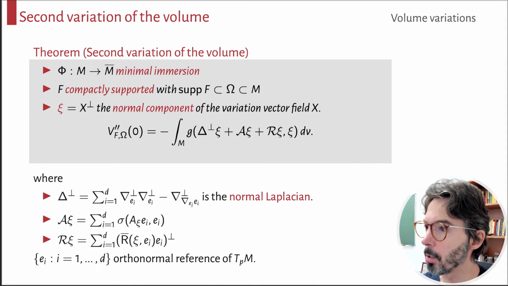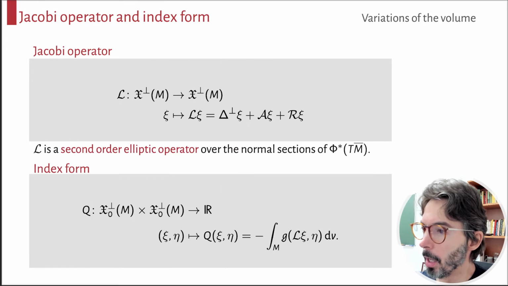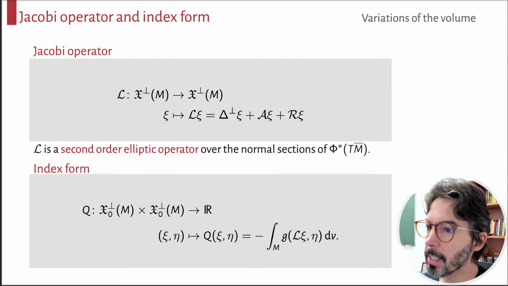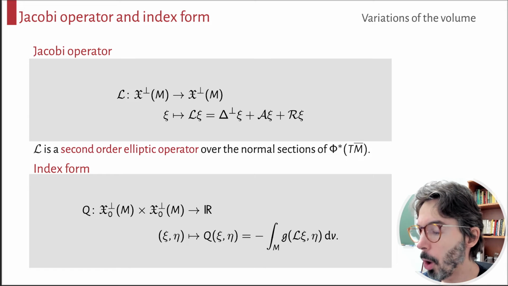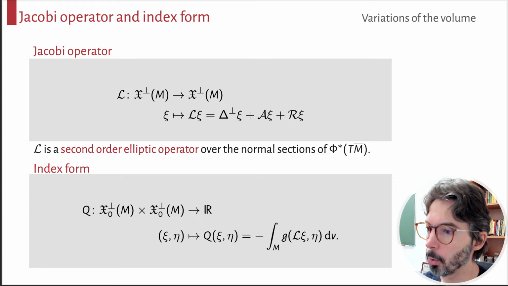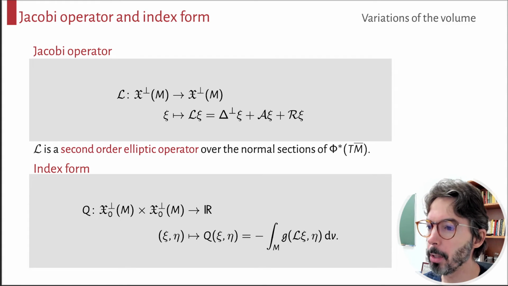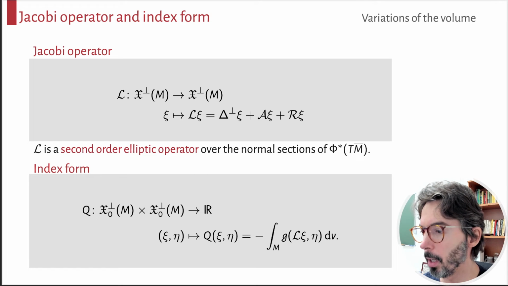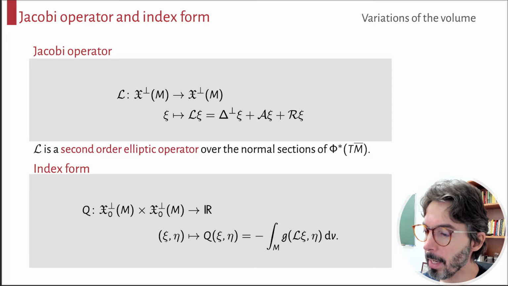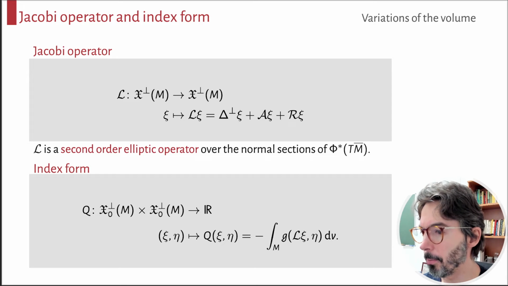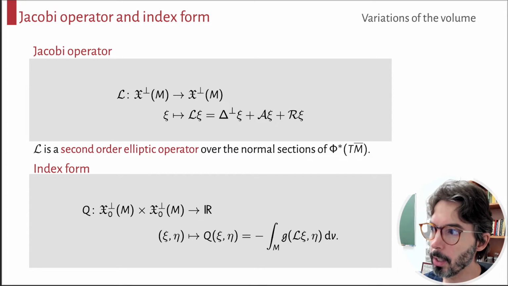Okay, so the operator that appears inside the second variation of the volume is what is called the Jacobi operator, and we are going to denote it by calligraphic L, and it is a second order elliptic operator over normal sections of the induced bundle. Then the index form is just a quadratic form defined using this Jacobi operator.